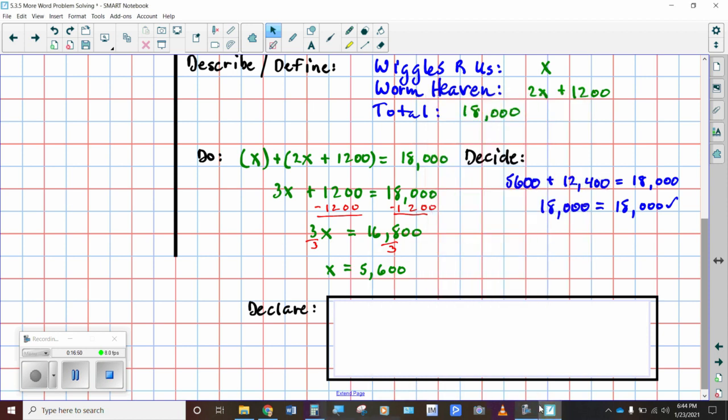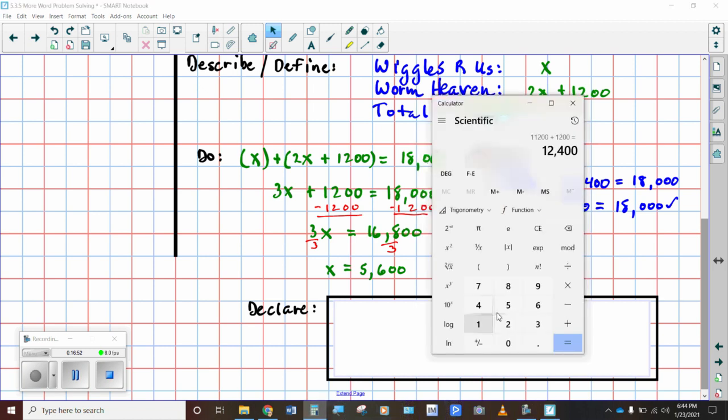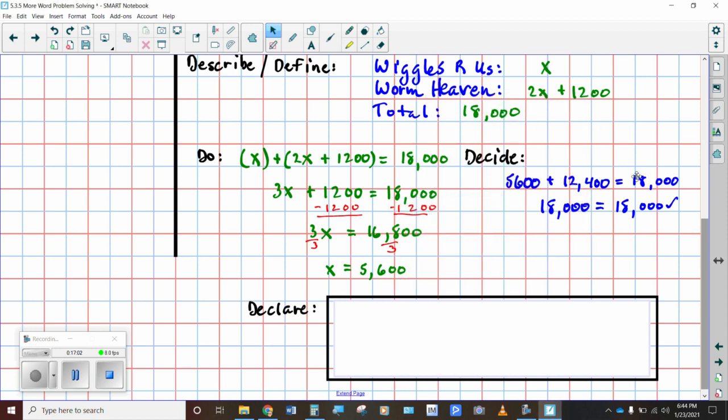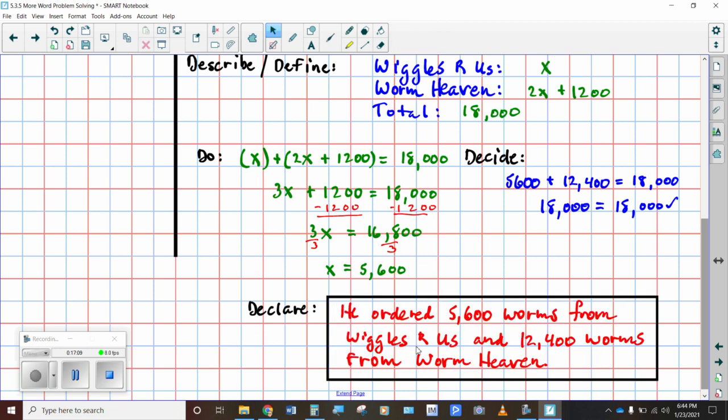And now add that to 5,600. So this should be the number that he got from Worm Heaven. Now add to that the number that he got from Wiggles Are Us. And yes, that equals 18,000. That means we feel good about our answer, and we can declare that he ordered 5,600 worms from Wiggles Are Us and 12,400 worms from Worm Heaven.